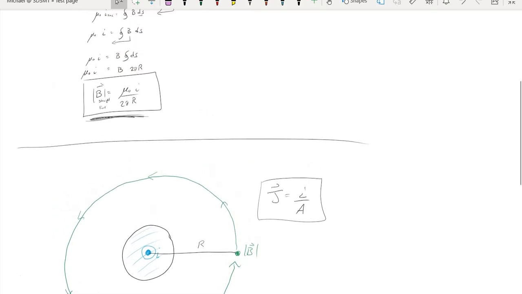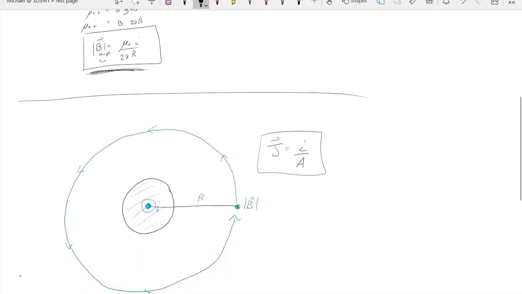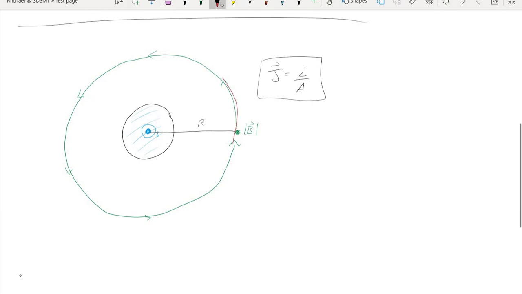Well, compare this picture to what we just had up here. In this case, I have a very thin wire, but it's still carrying a current of I. I'm still at a distance of r, and all I have to do to get Ampere's law to work is to lay down a path upon which the current can travel.